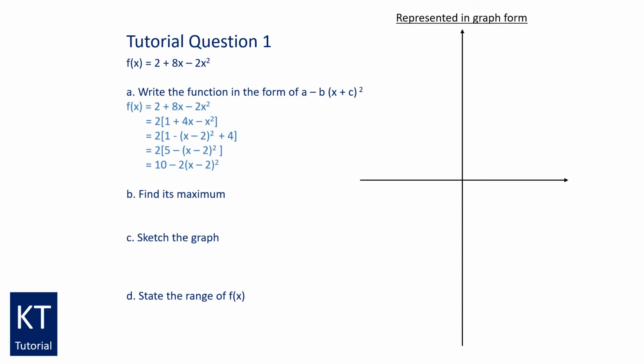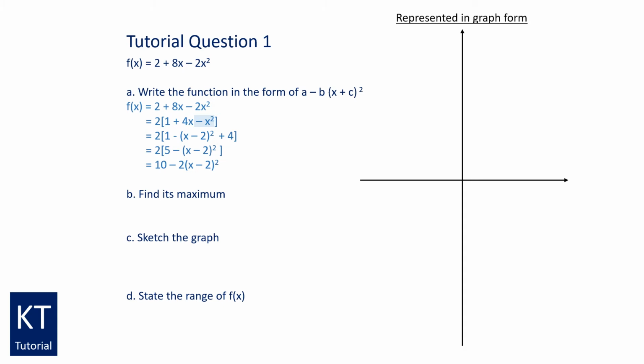As for question 1a, f(x) is equal to 2 plus 8x minus 2x squared. The next step is to simplify such that the x squared component is down to a single unit.